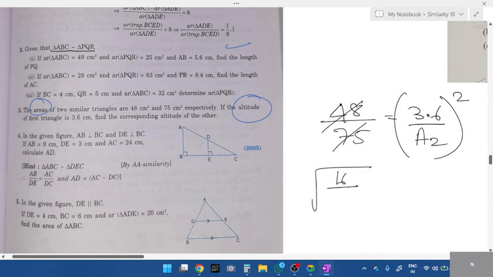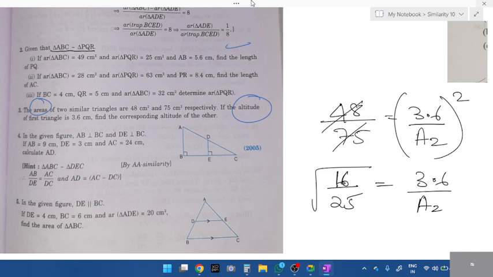16 divided by 3 times table, 20. This equals to 3.6 divided by altitude. Corresponding altitude. You can write A2. A2 stands for altitude 2. Or just write A, students. Just write A. First triangle, second triangle.